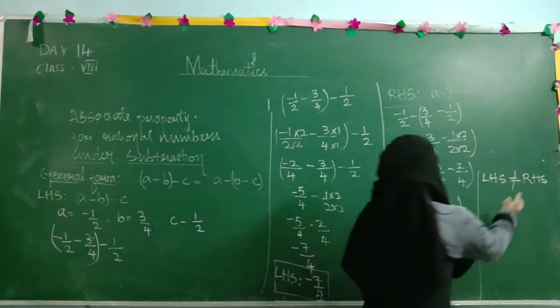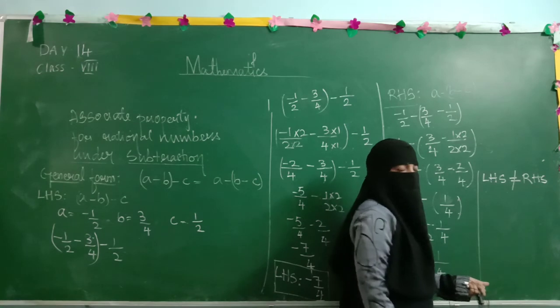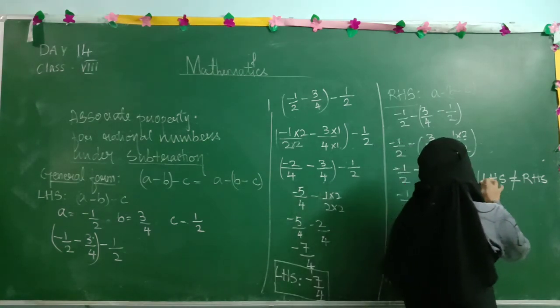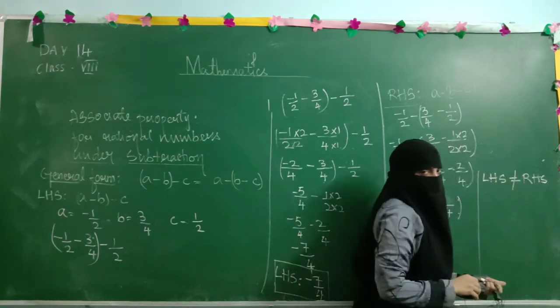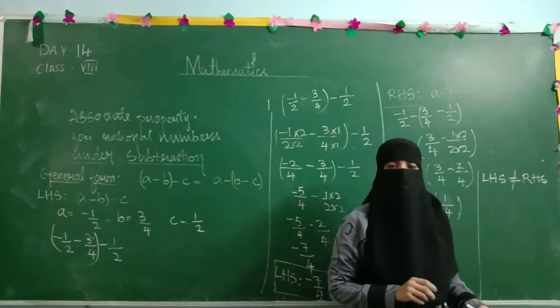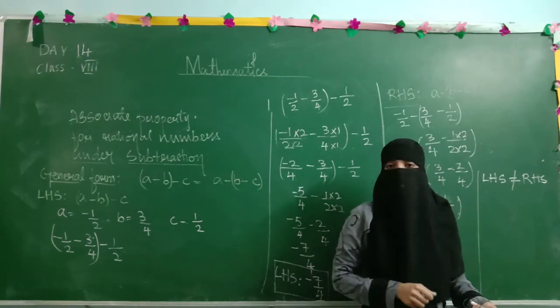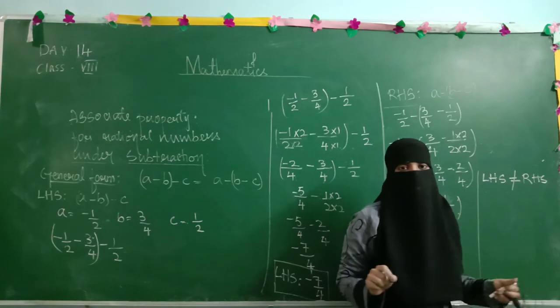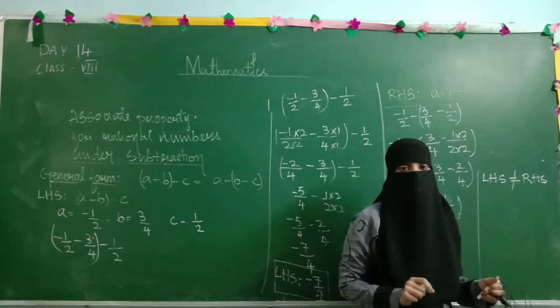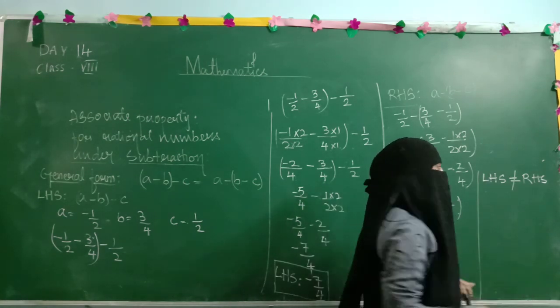So whenever they are unequal, we need to use this inequality sign here, and we have shown that LHS does not equal RHS. So finally what will be our statement? Yes, very good. The statement we are going to write: rational numbers are not associative. They are not associative. Under which operation? Very good, subtraction.